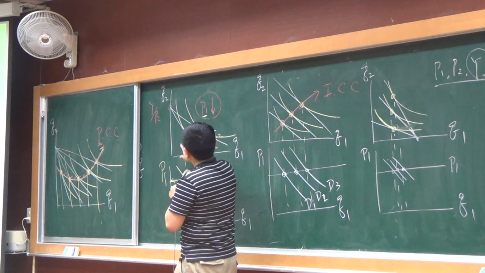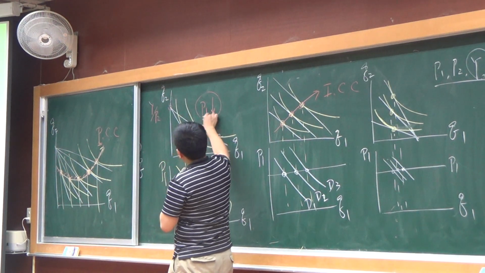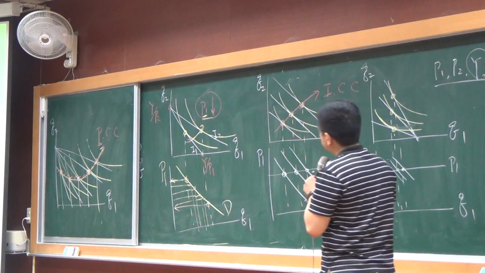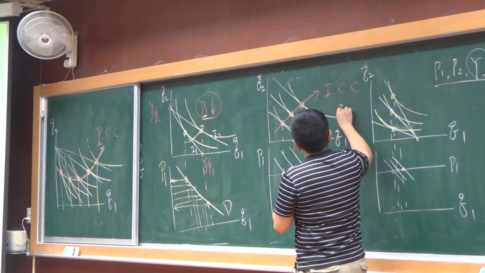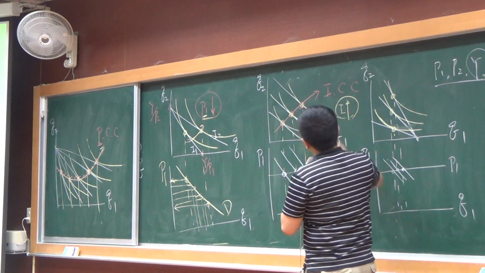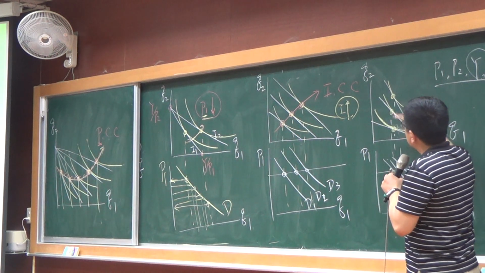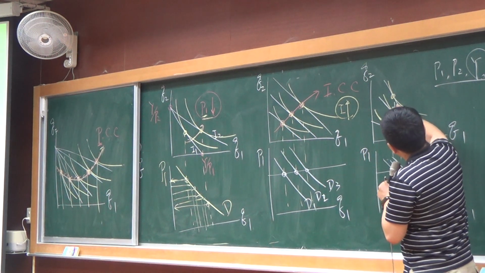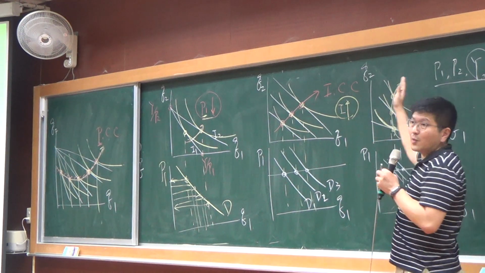So the change, the rotation from here to here is due to the drop of price 1. And the change from here to here is due to the increase in income. And here, the rotation from here to here is due to what?